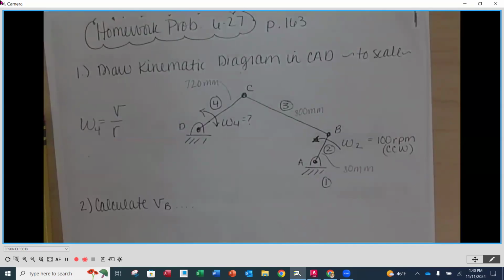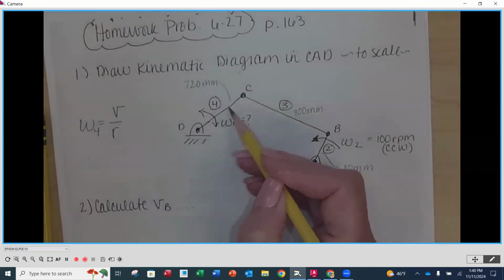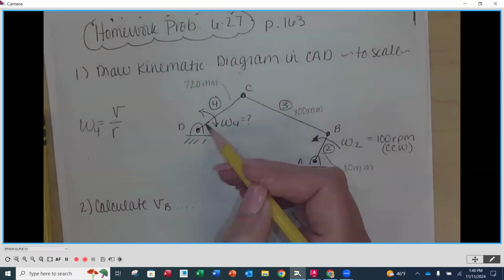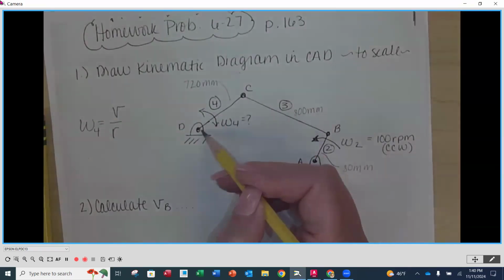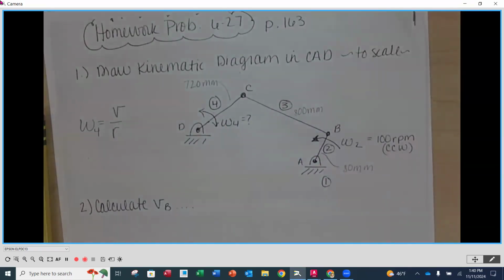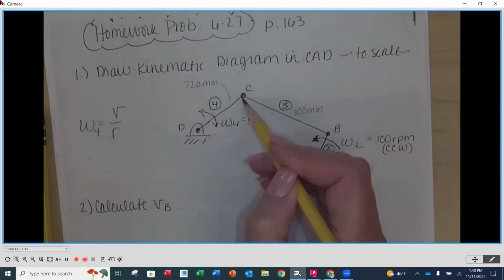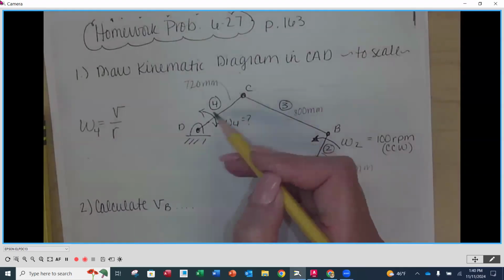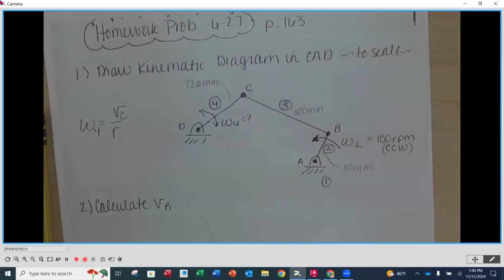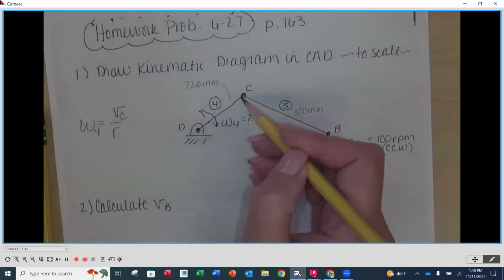Now we want to fill in what is the velocity and the radius that we're going to use here, okay? So W4 is this link right here. You'll notice that D is the point that is connected on that link to the frame. That is not moving in a straight line velocity, is it? So what other point, C, is on that link, right? So this is going to be the velocity of C divided by the radius to its center of rotation.